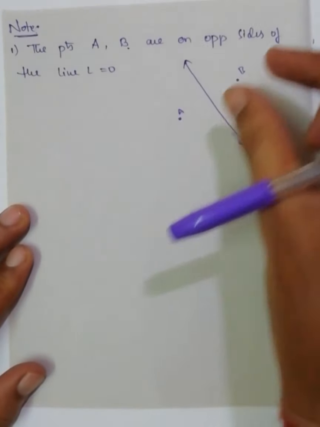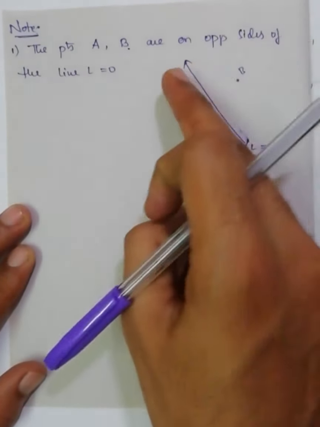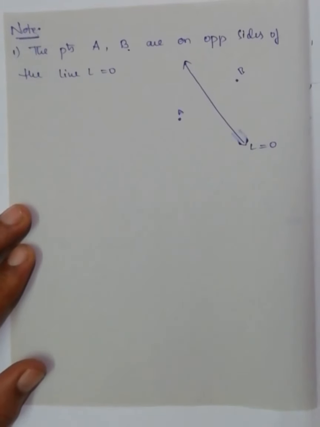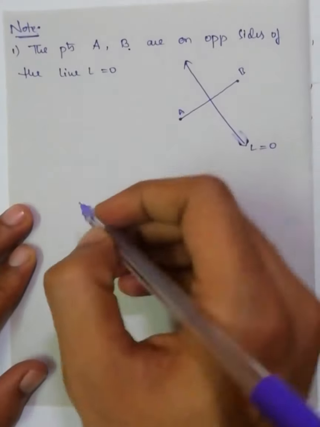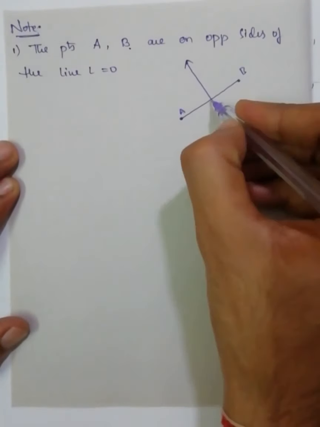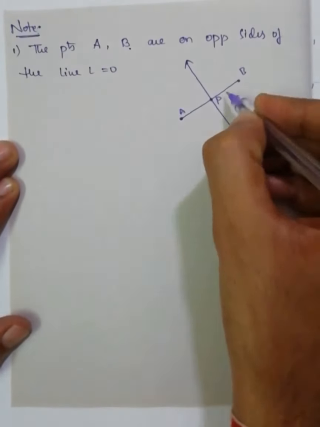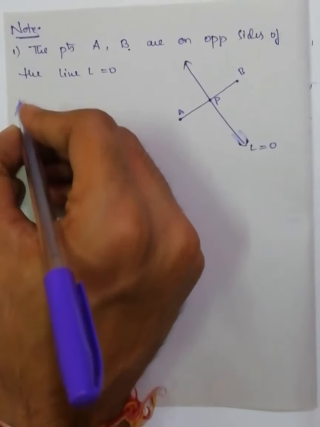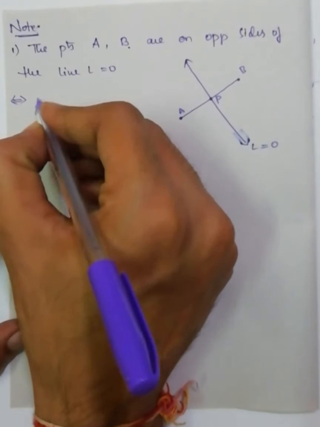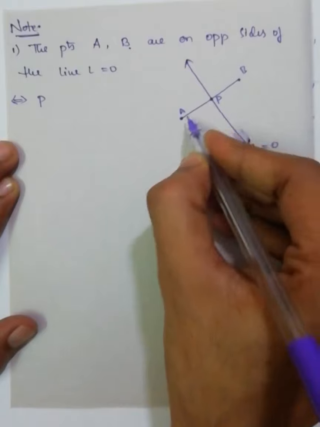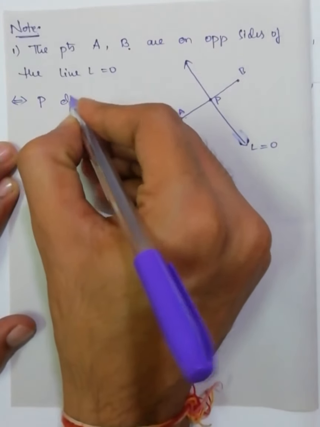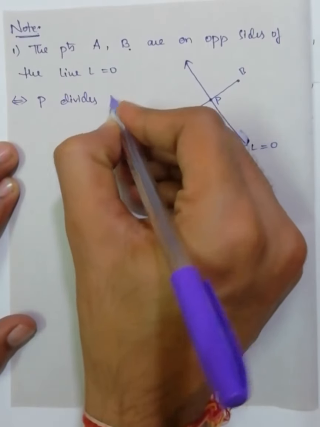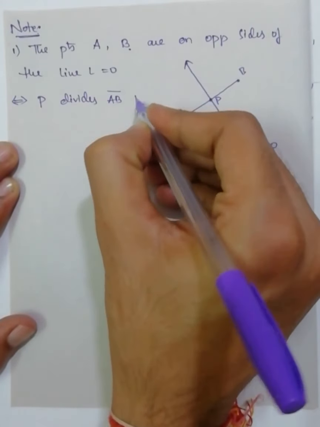If both lie on one side, then we will say both are on the same side. This is the line segment AB. And let us take this is the point P. So in this case we will say that if and only if the point P divides the line segment AB internally.